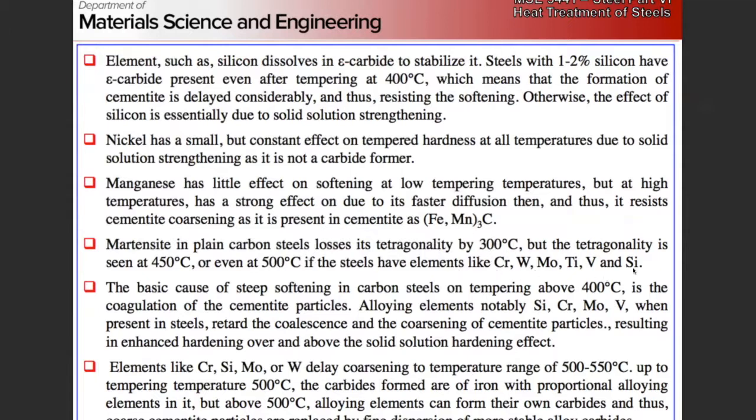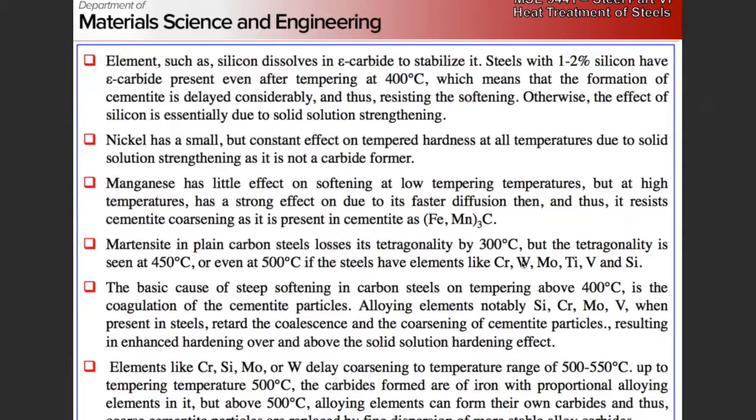Generally, these carbide formers will help maintain tetragonality, right? They will, because they want to be near the carbon. They'll slow the diffusion of carbon out of the martensite, and so the tetragonality of the martensite stays around longer. So they will retard the softening on tempering.